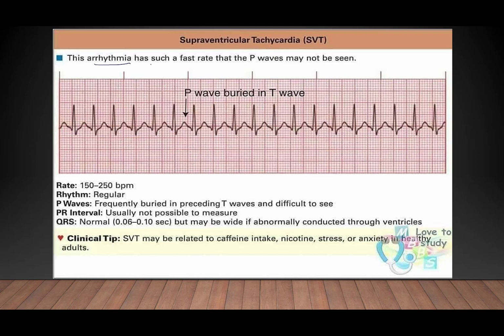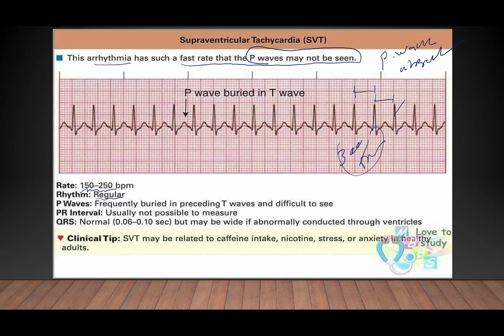Here we have SVT, or supraventricular tachycardia. This arrhythmia has such a fast rate that the P wave may not be seen. So here the P wave is absent. Because the rhythm is regular, the heart rate is calculated by 300 over the R to R interval. The rate is about 150 to 250 beats per minute.